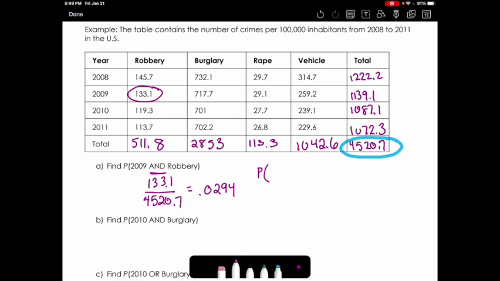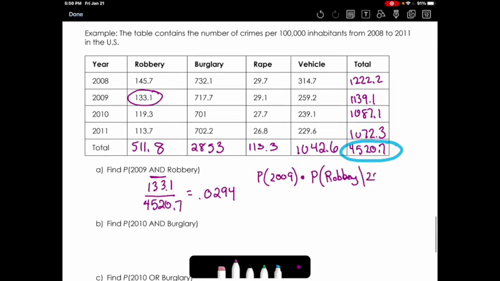Now, we should get the same value if we use the multiplication rule, where we find the probability of it being 2009 times the probability of having a robbery based on the fact that it's year 2009.